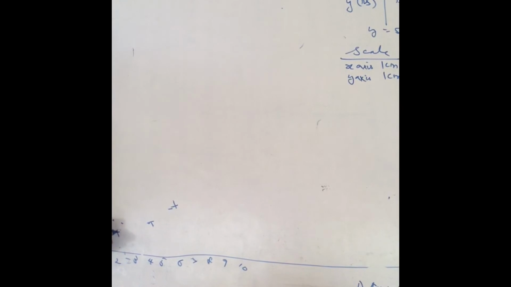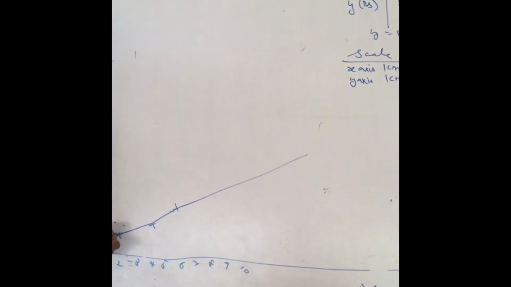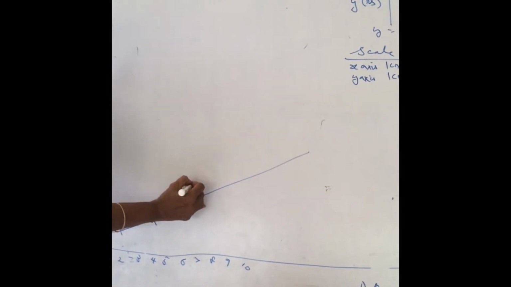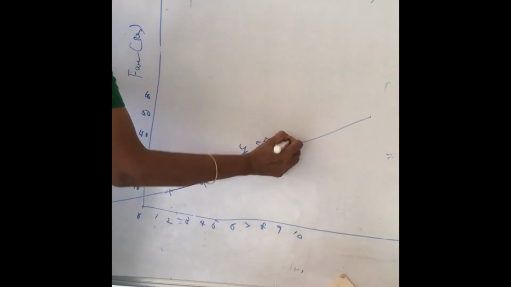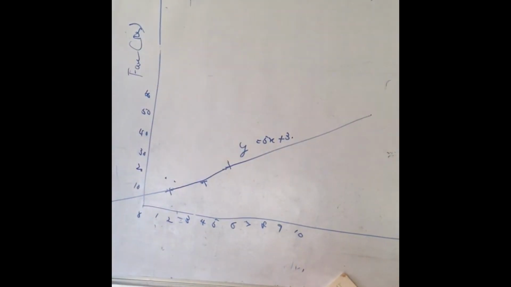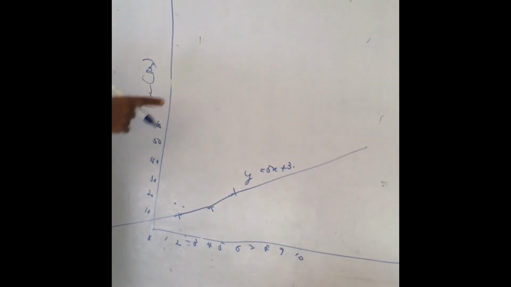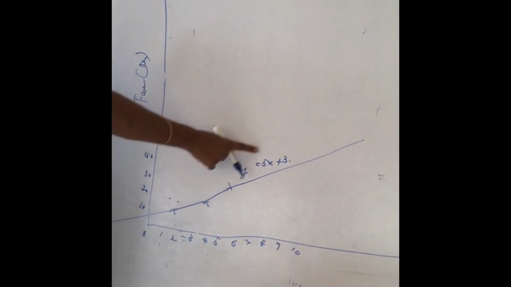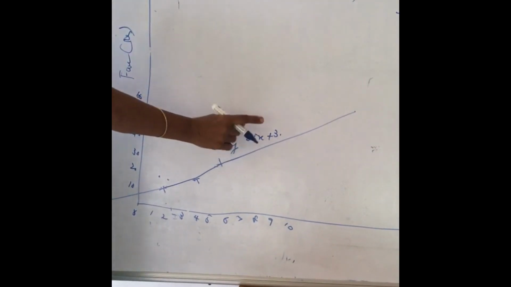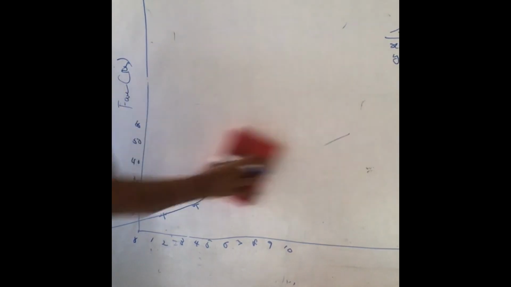The graph, use your ruler, children. The graph of a linear equation in 2 variables is a straight line, and do not forget to write the equation, y is equal to 5x plus 3. This is the graph of the linear equation y is equal to 5x plus 3.